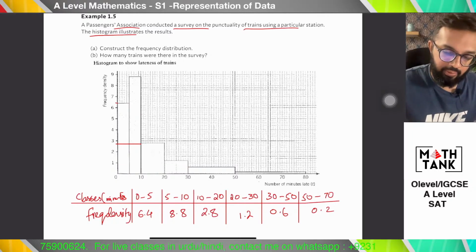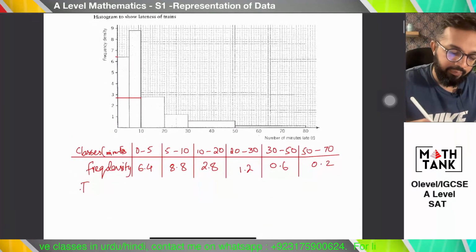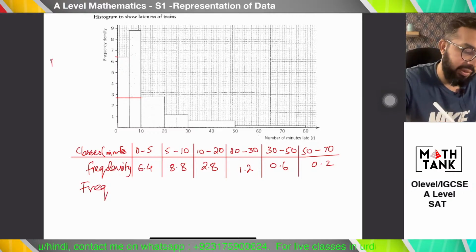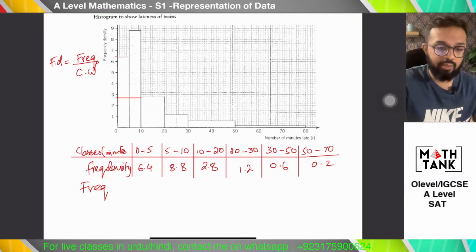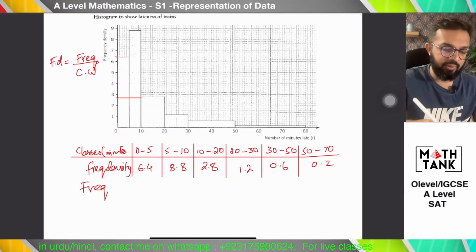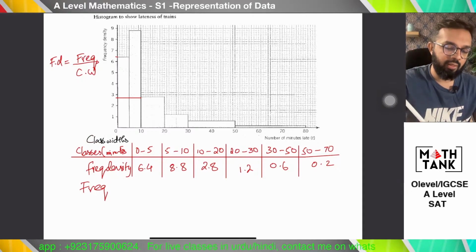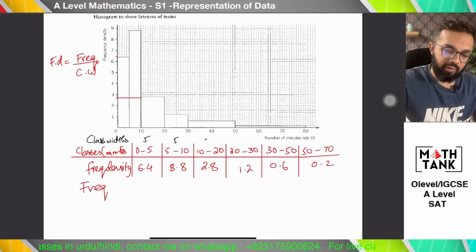Okay, so then I want frequency. If you remember, frequency density had the formula: frequency divided by class width. So you will multiply frequency density with its class width. But I don't have class widths right now, so what I'm going to do is I'm going to first write class widths. 5 minus 0, 5, 10 minus 5, 5, 20 minus 10, 10, 10, 20, and this is 50 to 80.